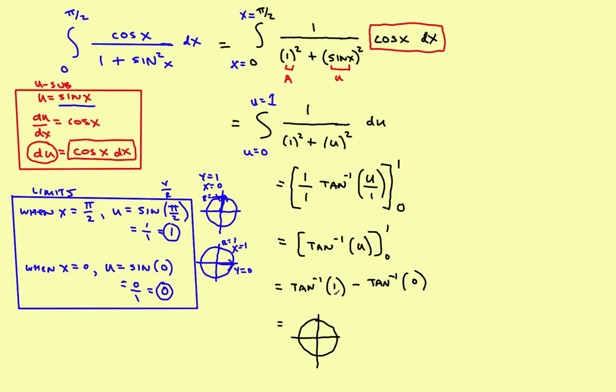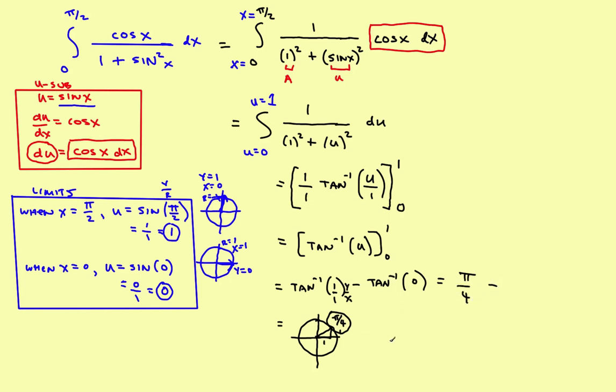If the tangent is 1, you can think of that as being 1 over 1. The tangent is y over x. So if you drew a picture of it, it's got to be 1, 1. You have to be looking at a pi divided by 4 angle. So what angle has a tangent of 1? The answer would be pi divided by 4.